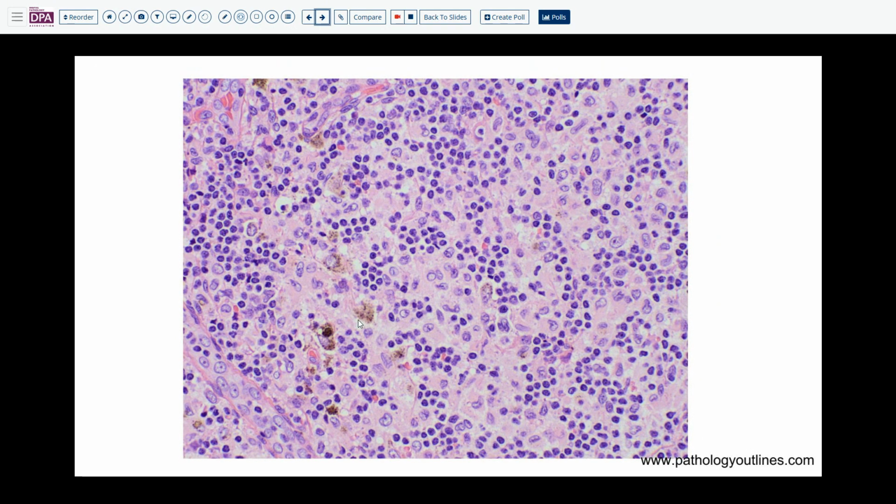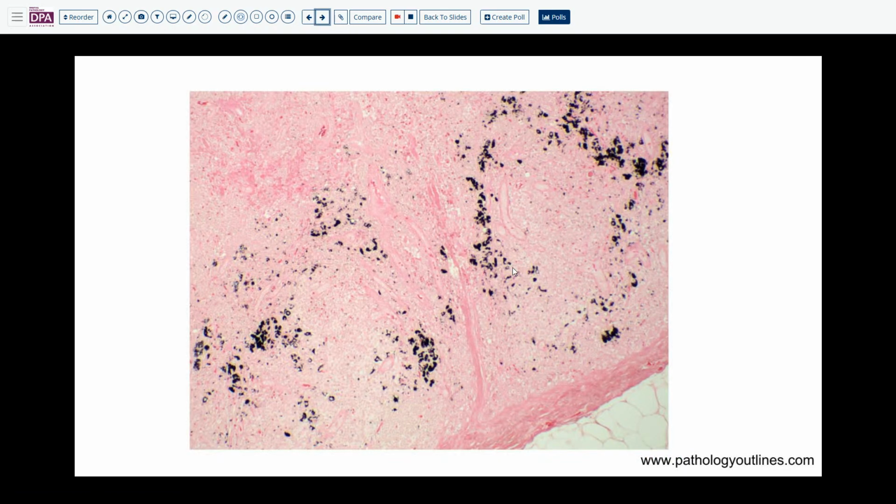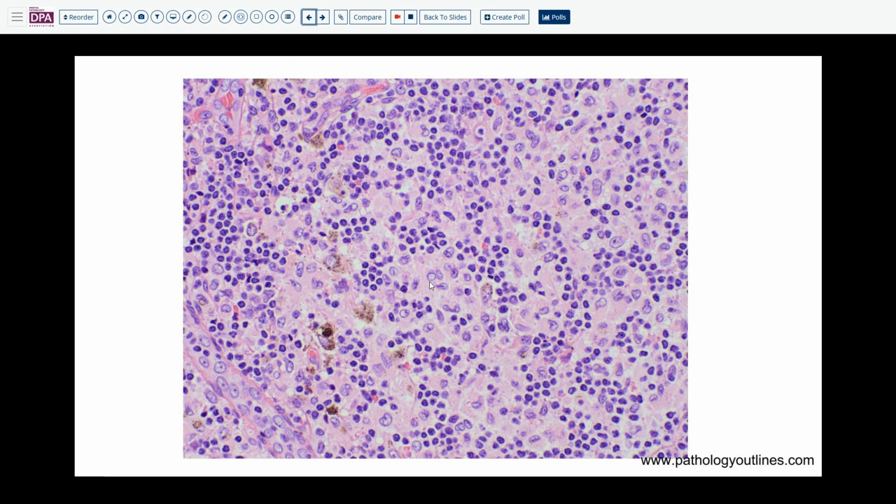So, high power. Jeff, what kind of pigment do you think this is? Yeah, this is melanin. I think I have a stain: Fontana-Masson staining highlights the pigment. And these pale cells, what kind of cell do you think this is? Yes, this is histiocyte.